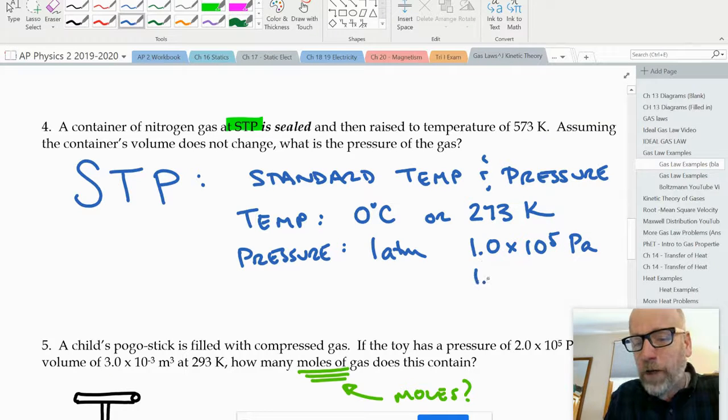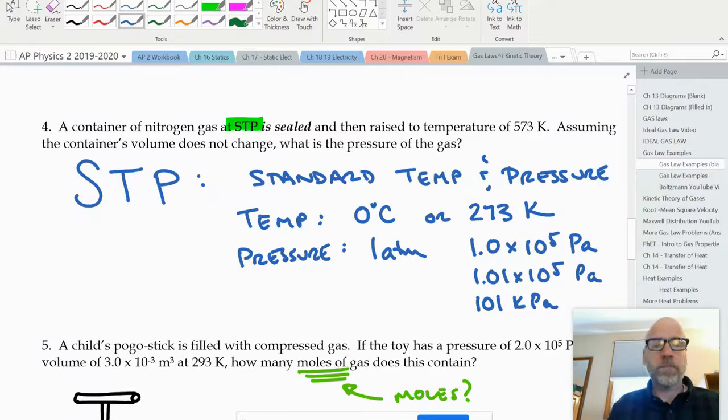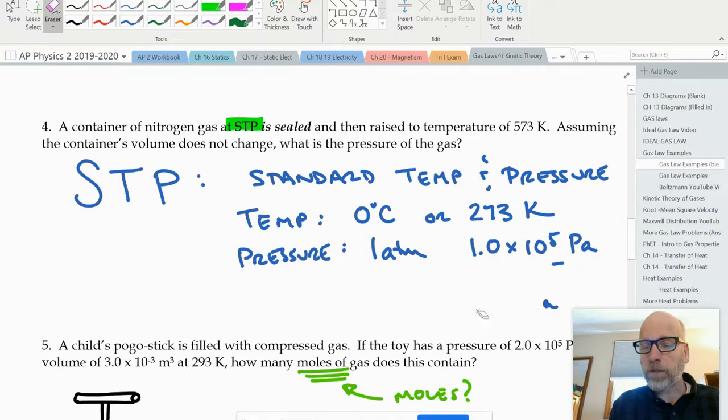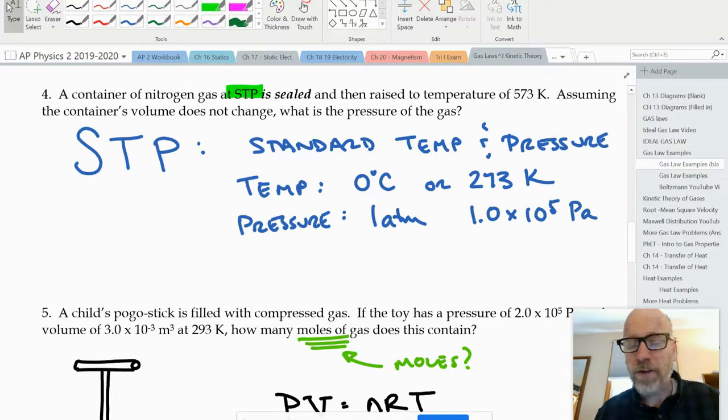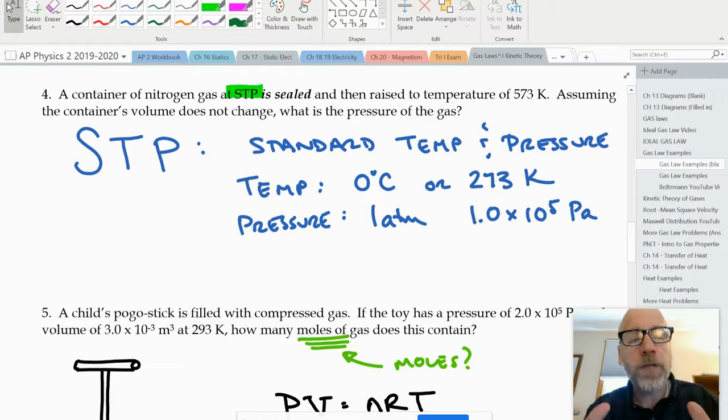Often it can be written as 1.01, or even better, 101 kilopascals. But we're just going to use that. So, standard temperature and pressure. Now, room temperature is 293. And some of you have that number stuck in your head from chemistry class. It's not room temperature. Standard temperature and pressure is at 273 Kelvin.